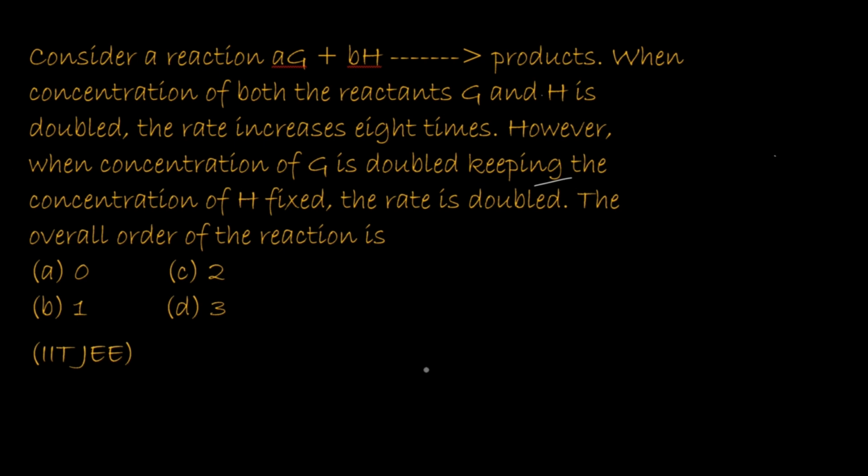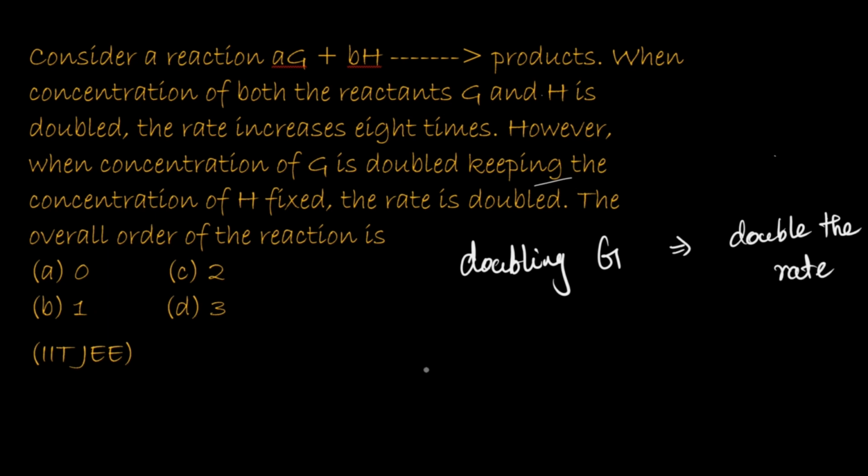Doubling G doubles the rate, so the reaction is first order with respect to G.